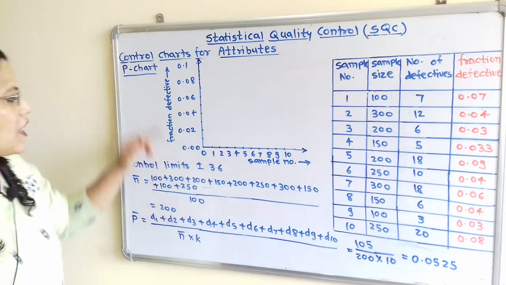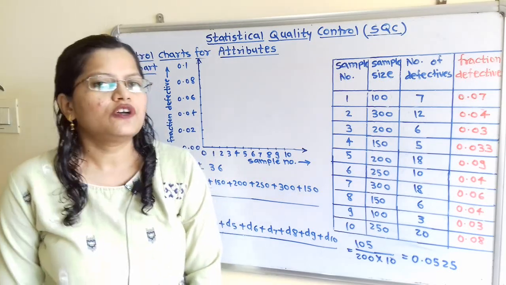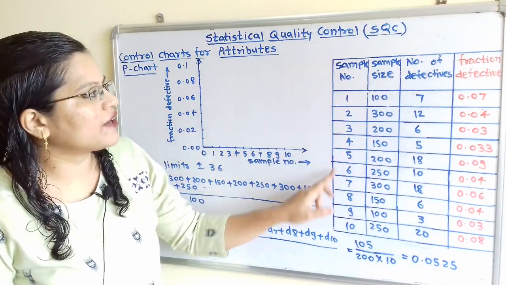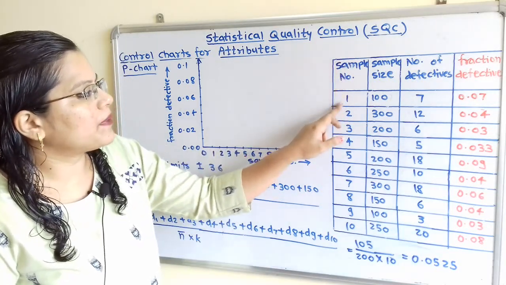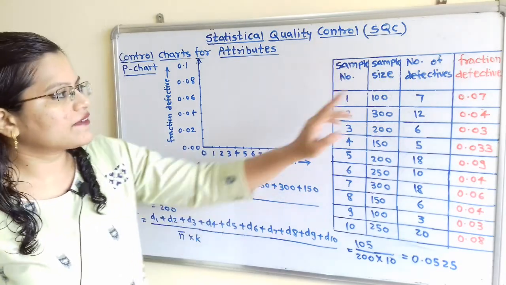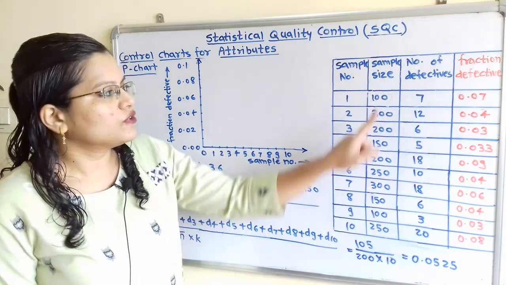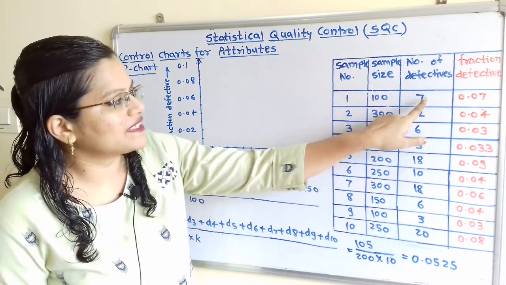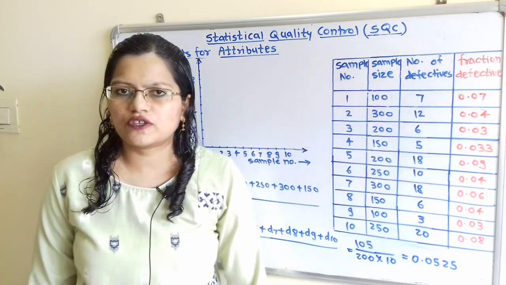Now for P chart, on vertical line we have to plot the fraction defective. So we will first calculate fraction defective for each and every sample number. Fraction defective for sample number 1 is equal to number of defectives divided by sample size. For sample number 1, sample size is 100, so 7 divided by 100, which is equal to 0.07.